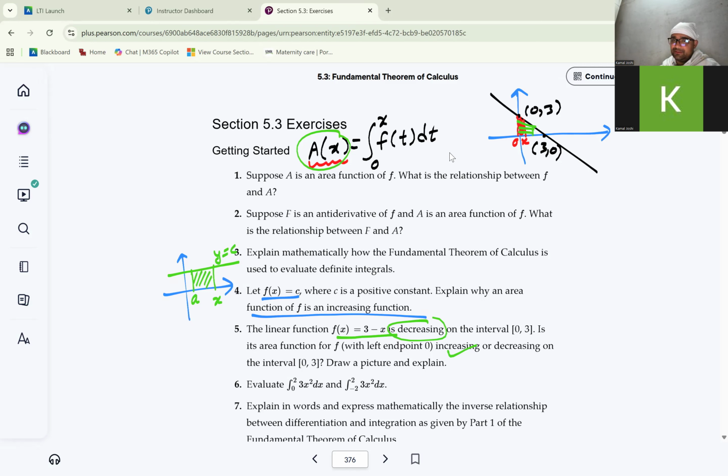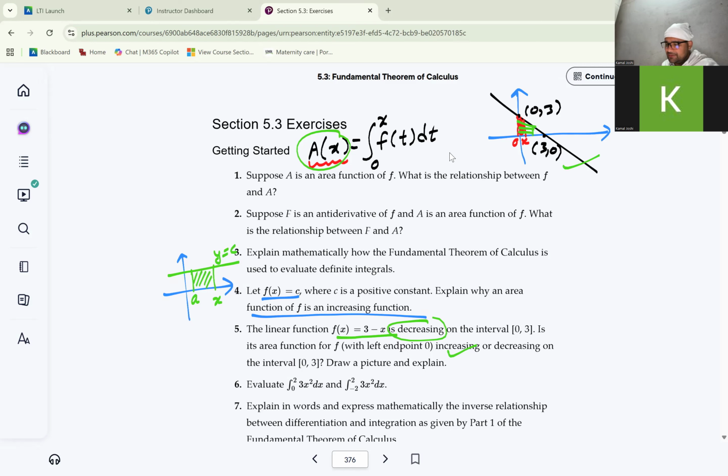When I'm talking about the net area, when the function is negative, the area function will be decreasing, because it will add negative values. When the function is positive, it will be increasing, no matter whether f itself is increasing or decreasing. So draw the picture and explain is what the question says, and we have done that.